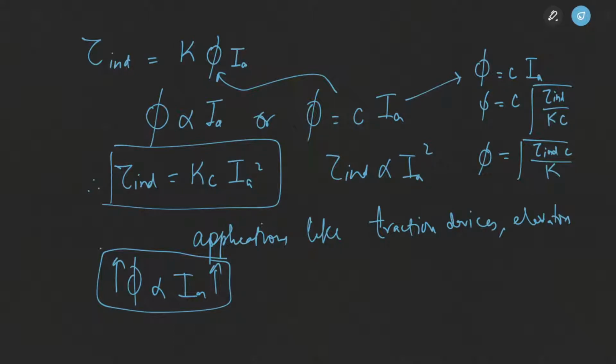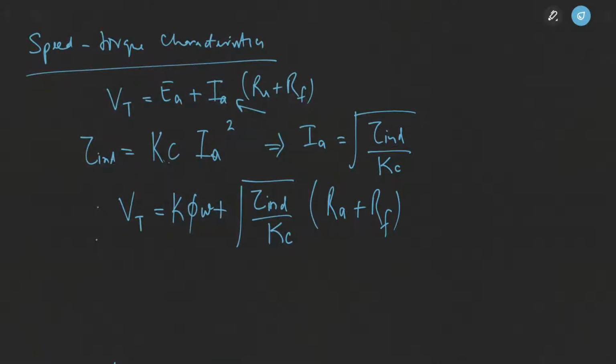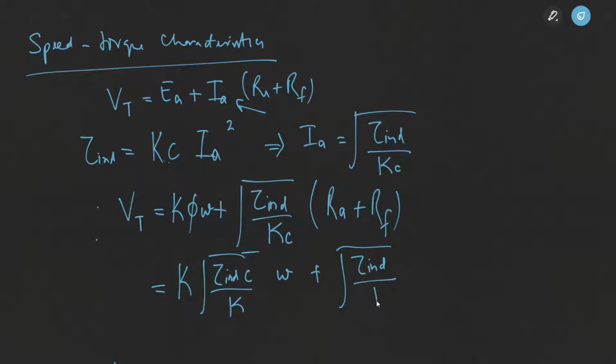So we can substitute this here. Instead of phi you can write the square root of torque induced into C divided by K, and then you have omega, plus the square root of torque induced divided by Kc into (Ra plus Rf).